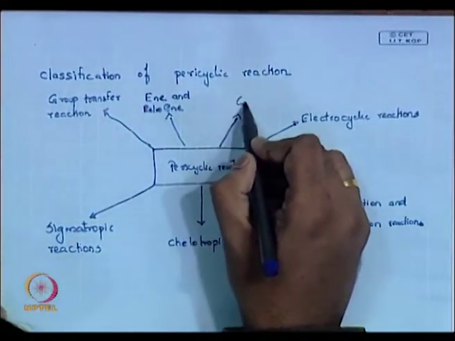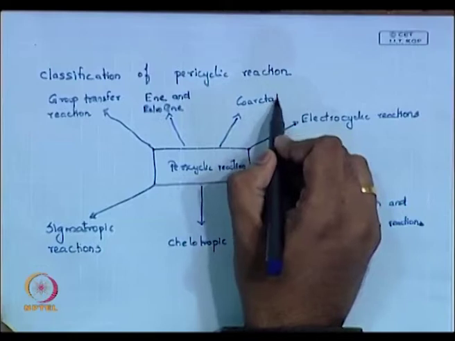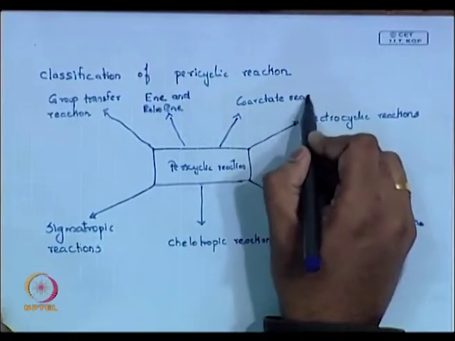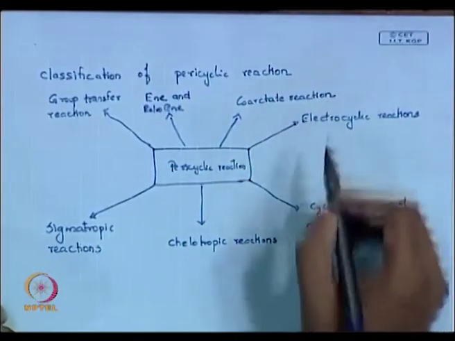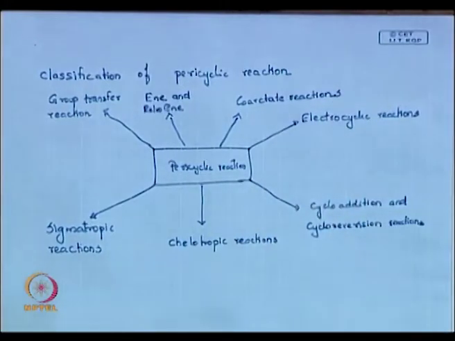Another is your cheletropic reactions. So, basically that means we have to study these 7 types of reactions.